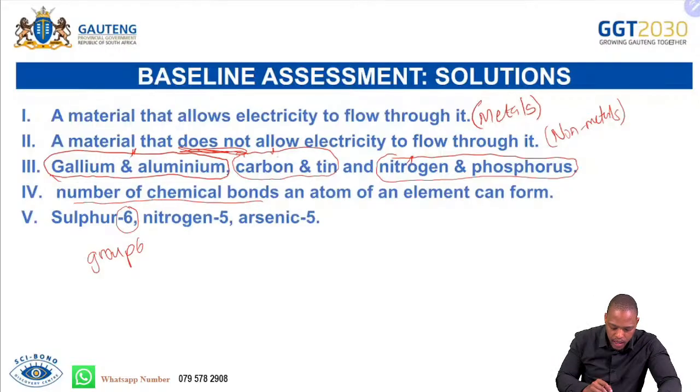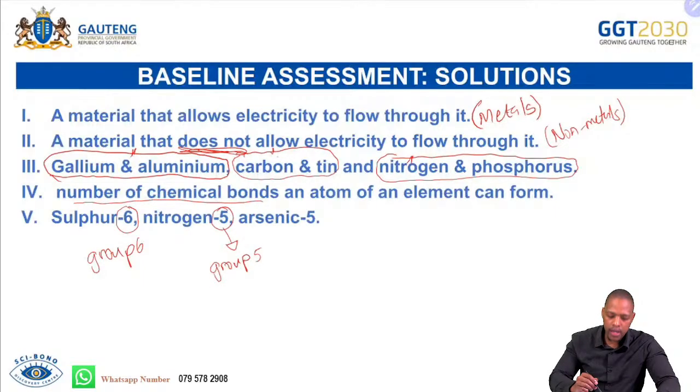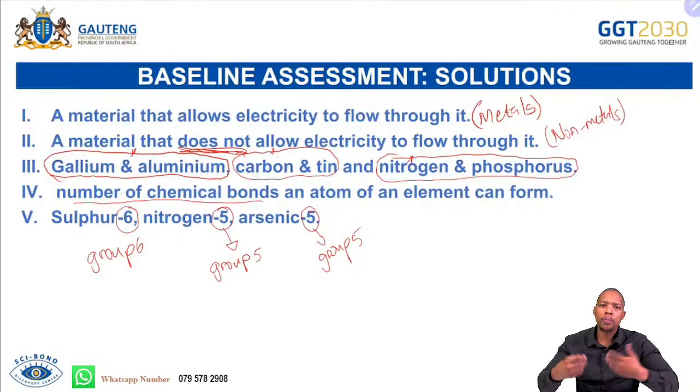Nitrogen's valency is 5, as you find nitrogen in group 5. Arsenic is also found in group 5, so its valency is 5. By knowing the group number of a certain element, you can tell its valency. That is going to be important moving forward, grade 12.